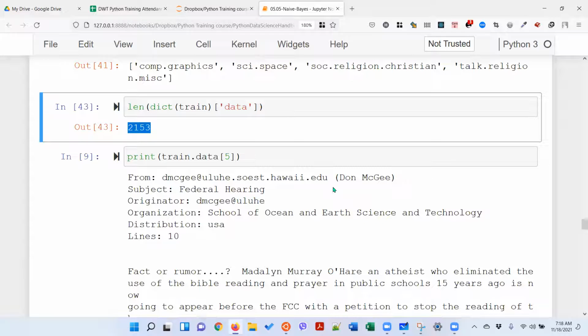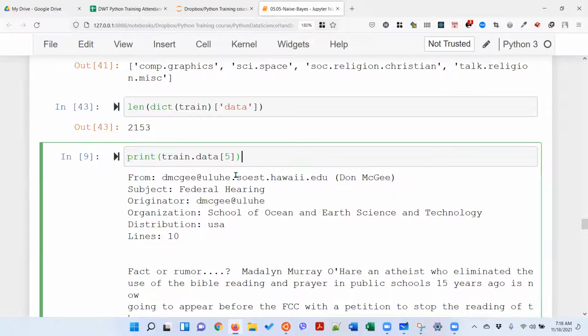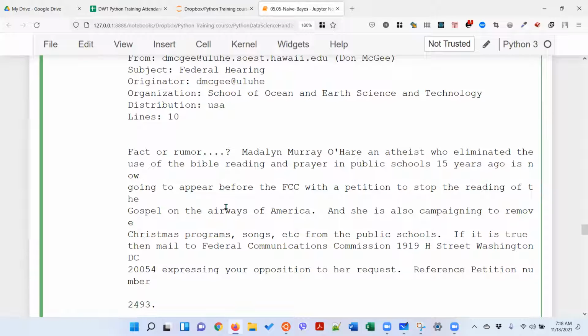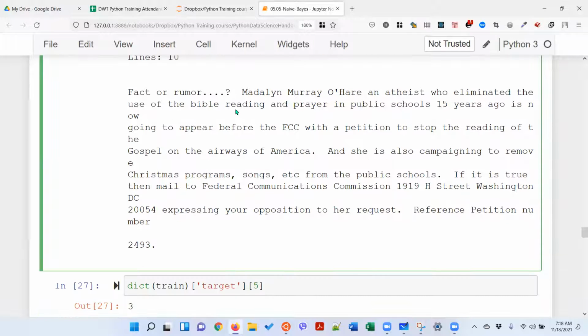Let's print one data item. As you can see, there are a number of lines. This is the text, the news article, and it has a category. It says: Madeline Murray, an atheist who eliminated the use of Bible reading and prayer in public schools 15 years ago, is now going to appear before the FCC with a petition to stop the reading of the gospel.